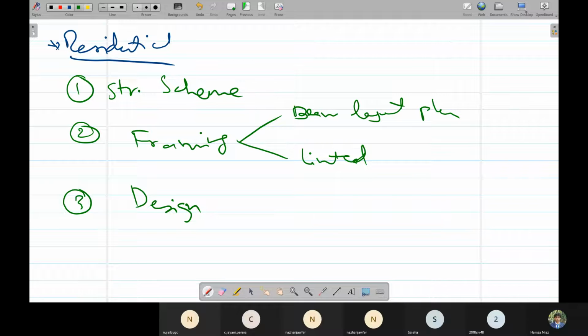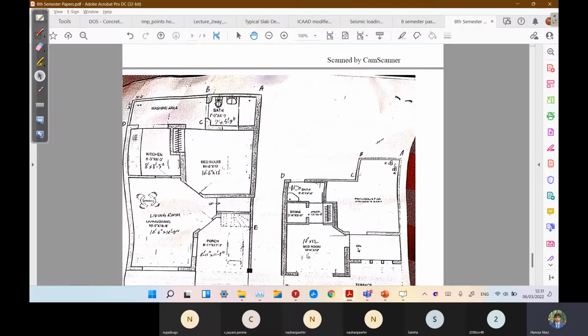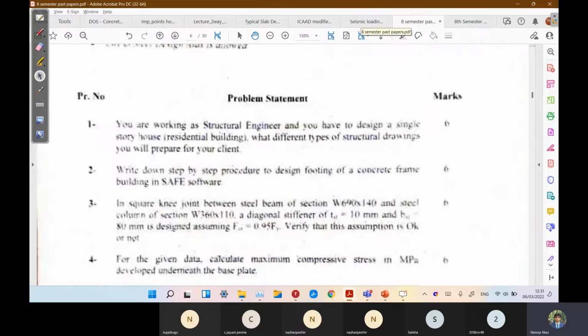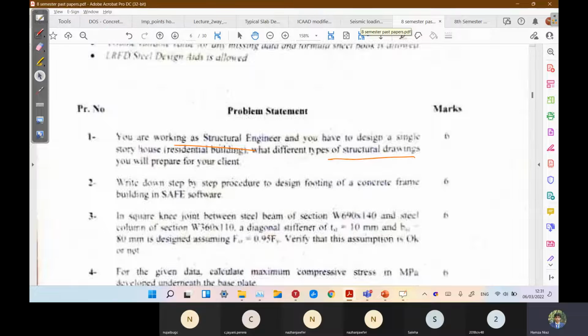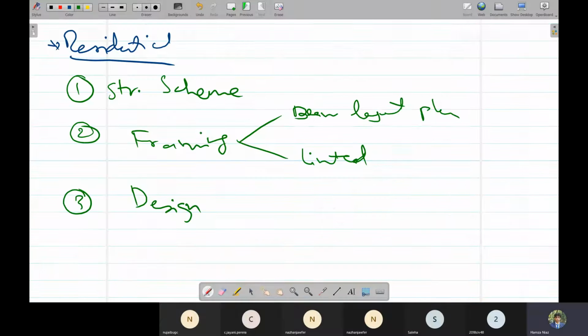And apart from this, if we go directly to the papers, the first question is: you have to design a residential building, what types of structural drawings would be required? For that, first we require a structural scheme.